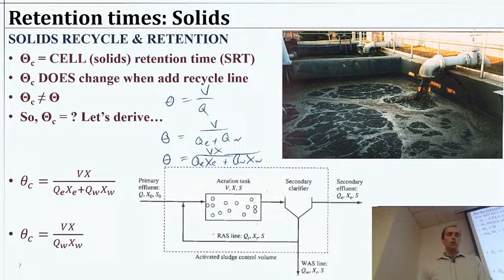Now, the trick is we have mentioned a minute ago that ideally XE should be 0. And that will be one of the assumptions. Right? So that means this portion goes to 0. And now we have Vx over XW QW.